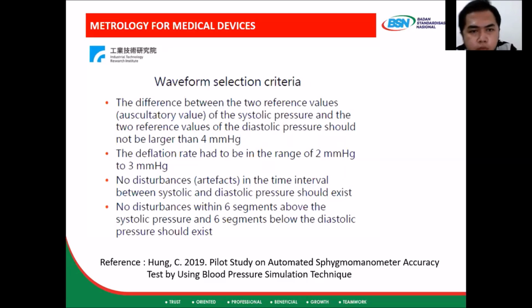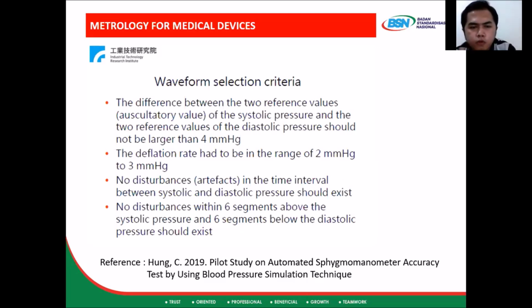And for the waveform selection criteria, the difference between the 2 reference values of the auscultatory systolic pressure, and likewise the 2 reference values of diastolic pressure, should not be larger than 4 millimeters of mercury. So with the double stethoscope, we use 2 well-trained observers. The difference of their readings should not be larger than 4 millimeters of mercury.